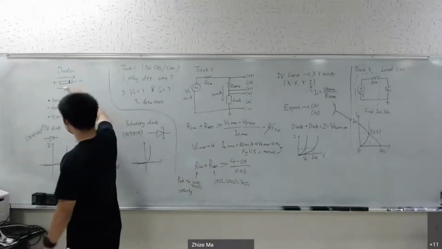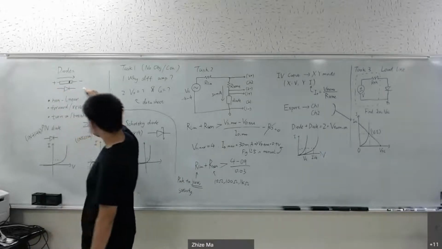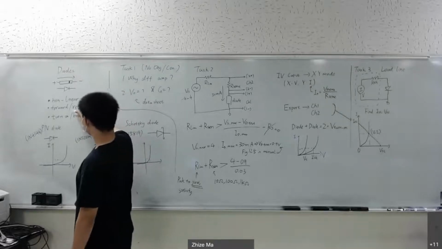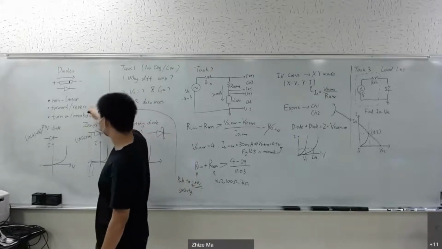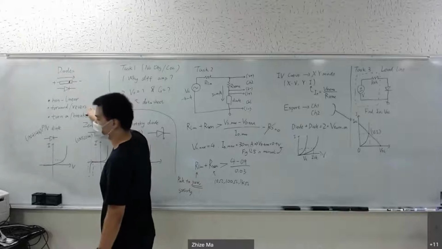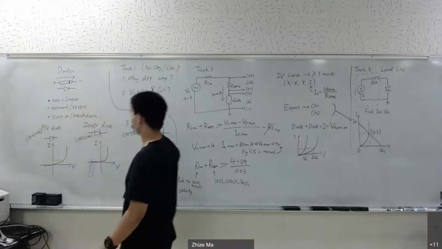And when the voltage at the positive side is smaller than the voltage at the negative side, it's working in the reverse bias region. For most diodes, when working in the reverse bias region, it will be like an open circuit. There will be no current.